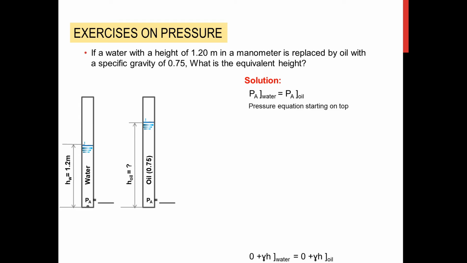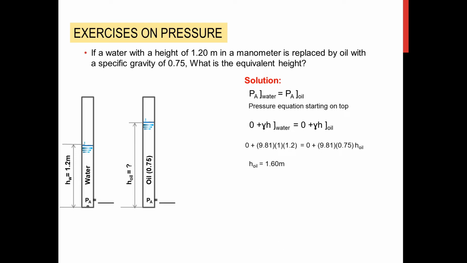So the pressure equation starting on top: 0 plus gamma H of water for the left hand side of the equation, and for the right hand side we deal with oil, 0 plus gamma H of oil. We substitute the values and we have a variable unknown, H of oil. Solving now for the head of oil, the equivalent height would be equal to 1.6 meters.